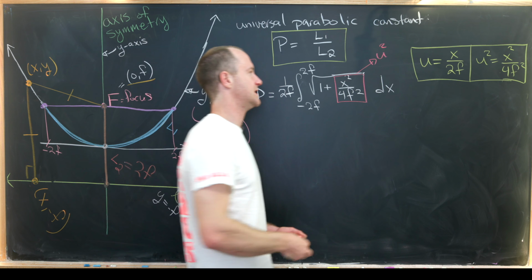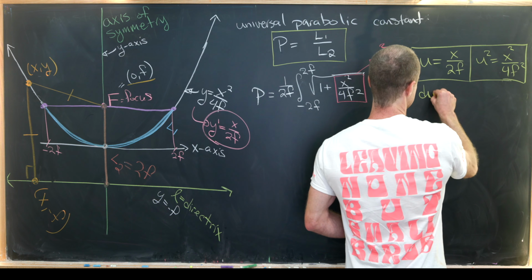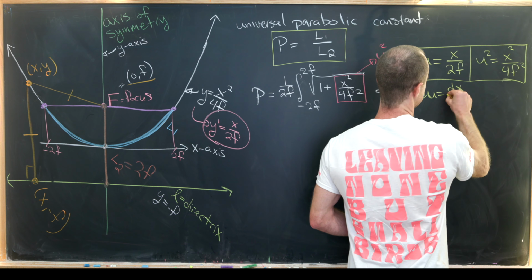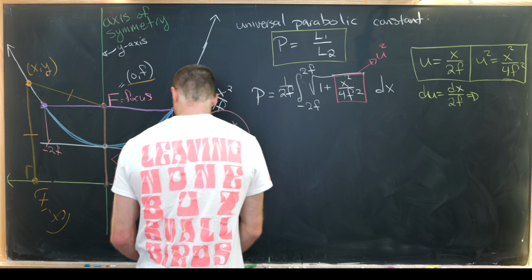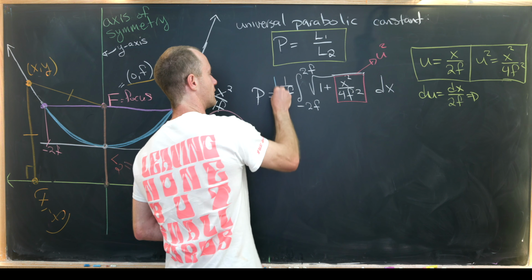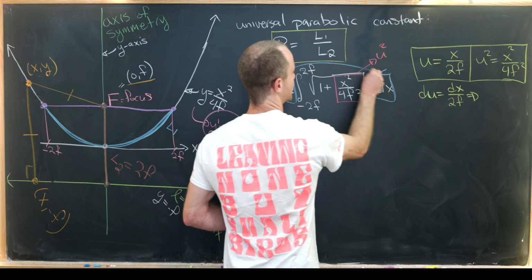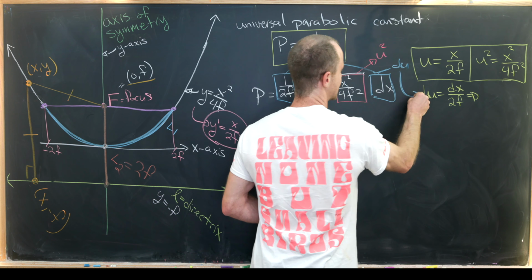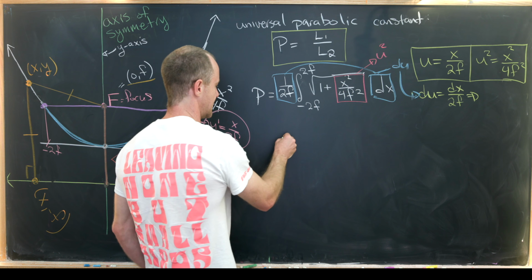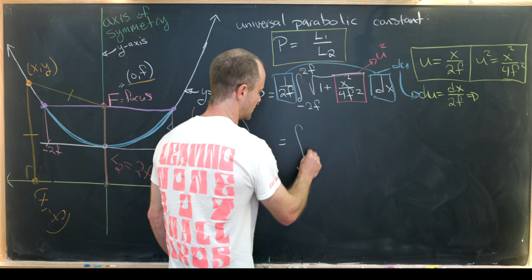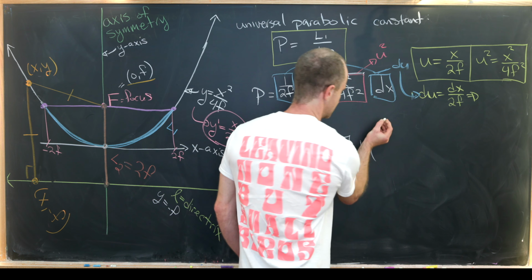But now that tells us that du is equal to dx over 2f, which means we can replace this 1 over 2f dx with du. Okay, nice. So that's going to end up leaving us with the integral of the square root of 1 plus u squared du.